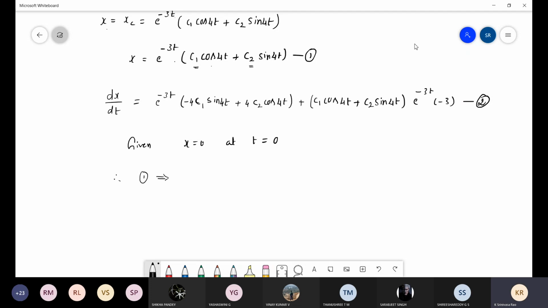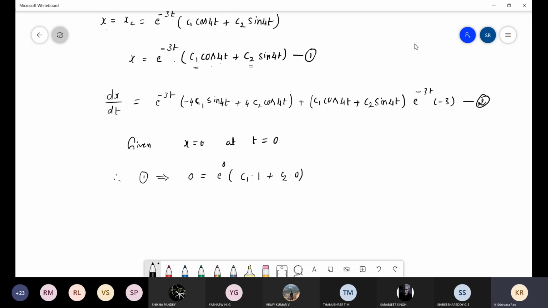See, 0 equals, when t equal to 0, e power 0 is 1, and you will get C1 cos 0, which is 1, plus C2 into 0, because sin 0 is 0.